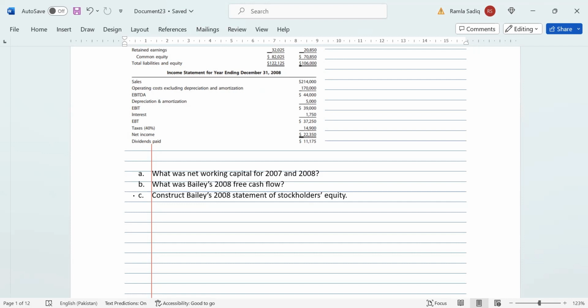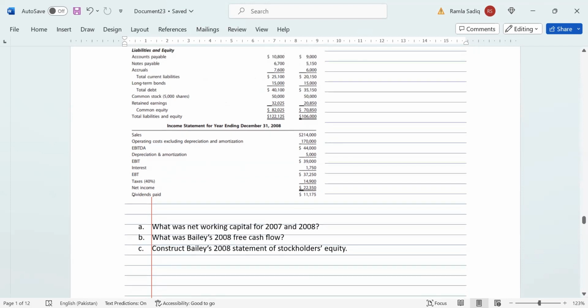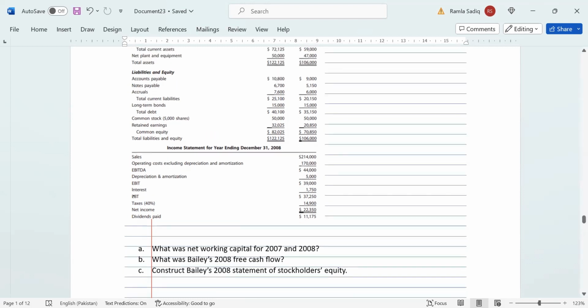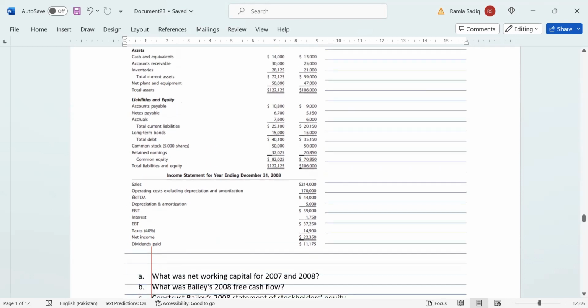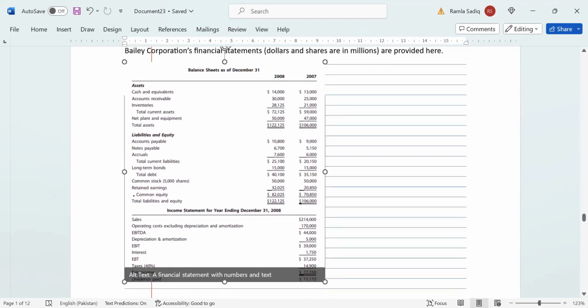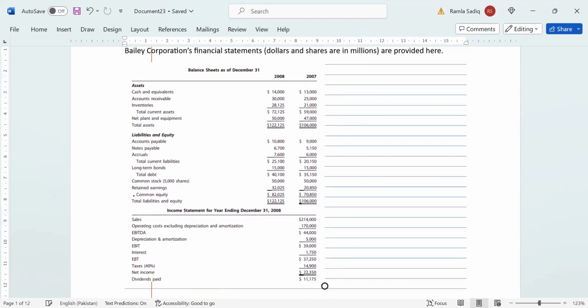All right, so now going step by step. What was net working capital for 2007 and 2008? To calculate net working capital for 2007 and 2008, we look at Bailey Corporation's financial statements.